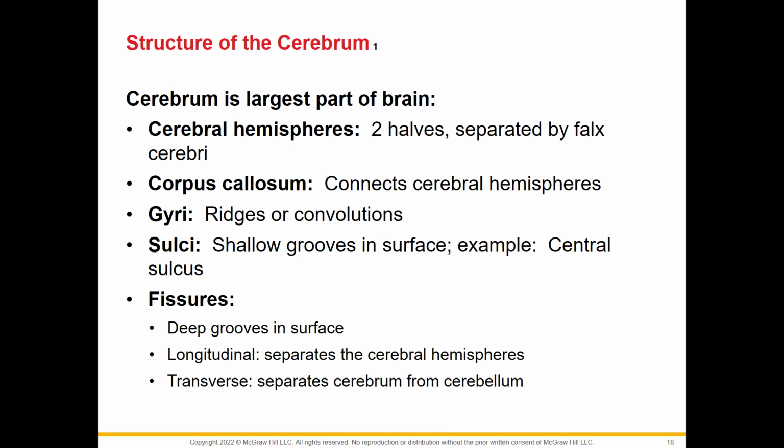The longitudinal fissure separates the two halves of the cerebrum, so it separates the cerebral hemispheres. The transverse fissure is the structure that separates the cerebrum from the cerebellum.